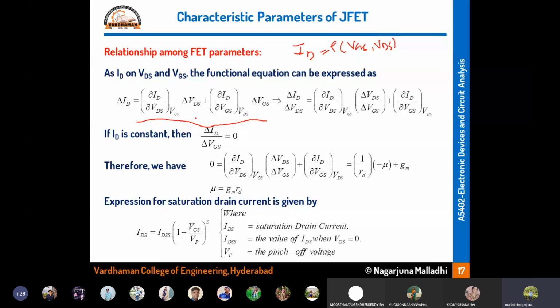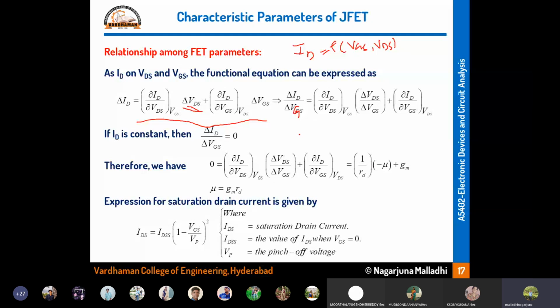If you take delta VDS common, you can write delta ID by delta VDS equal to dou ID by dou VDS, and second, dou ID by dou VGS. This is VGS, not VDS, VGS.